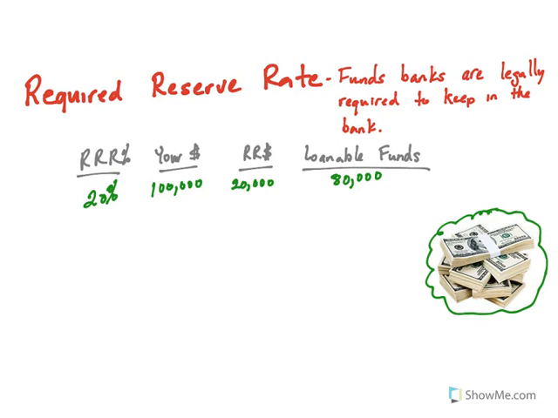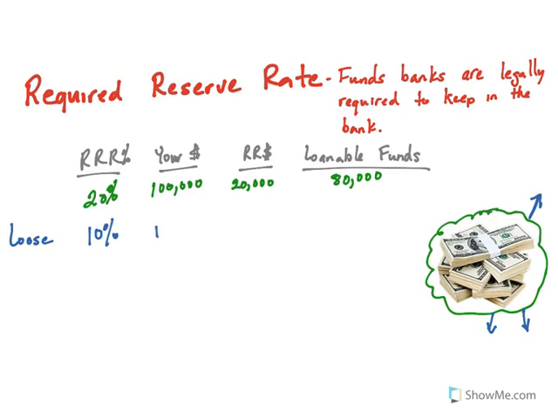So if the Fed was interested in taking our monetary supply and expanding it, they want to increase the amount of loanable funds. So the Fed would tend to modify the required reserve rate. So if they want to have a loose or expansionary policy, they may take the required reserve rate and decrease it to 10%.